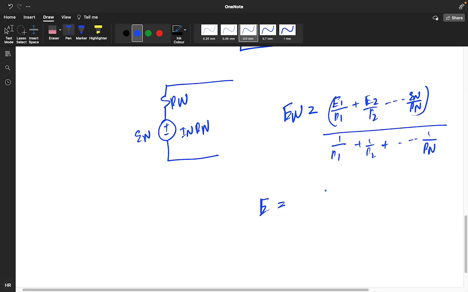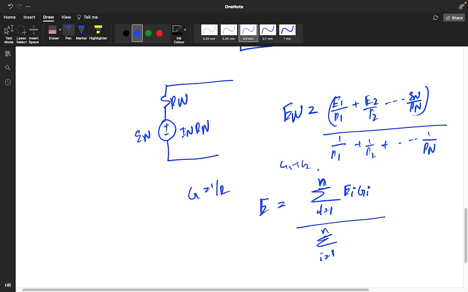We can write it as the summation from i equals 1 to n of Ei into Gi, where G means 1 by R, divided by the summation from i equals 1 to n of 1 by Ri. 1 by R1 means G1, 1 by R2 means G2, so directly I am writing the summation of Gi.